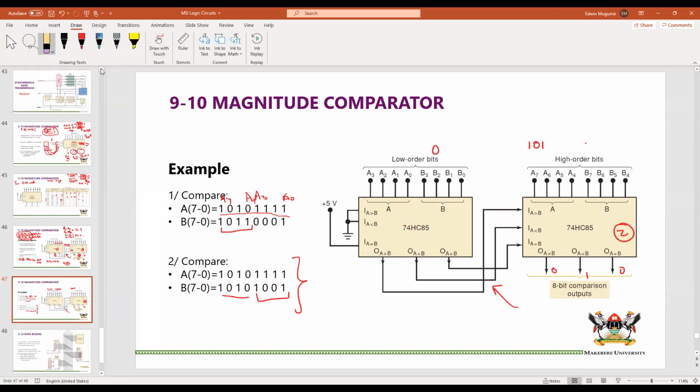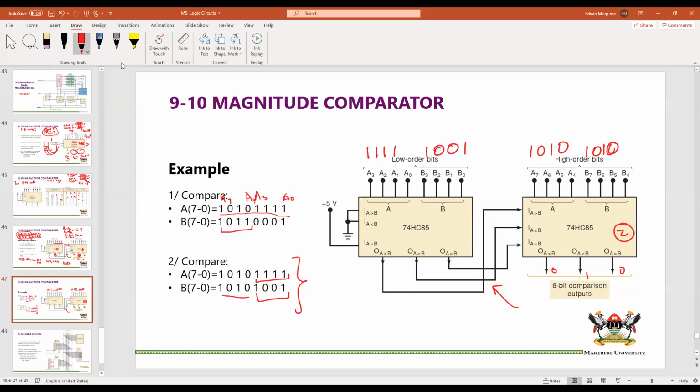Let me just repeat this. Yeah, so if we are looking at the same A7 to A0, we have on the higher order bits 1010, and this one will also be 1010. And on the lower order bits, we are looking at 1111, and this one is 1001.